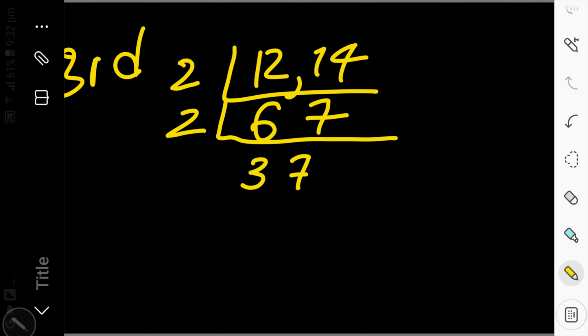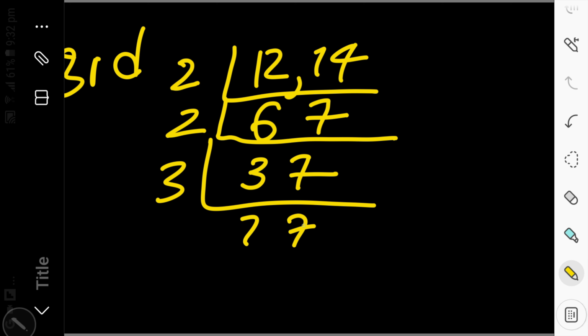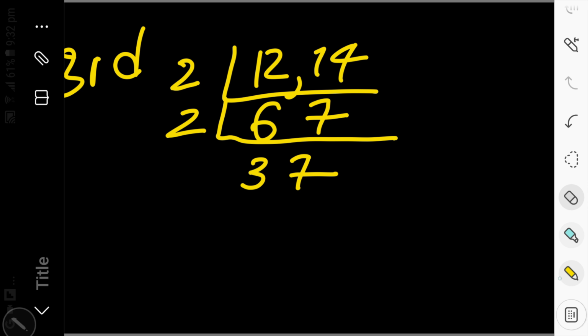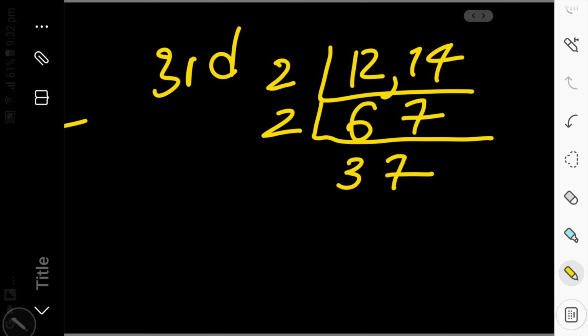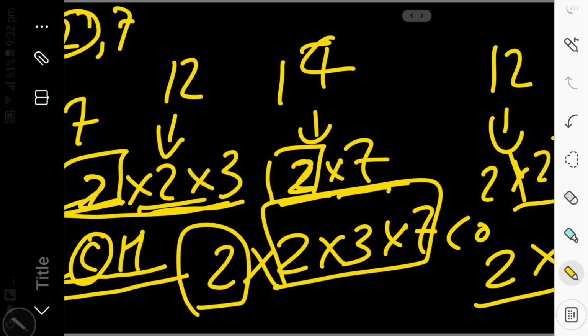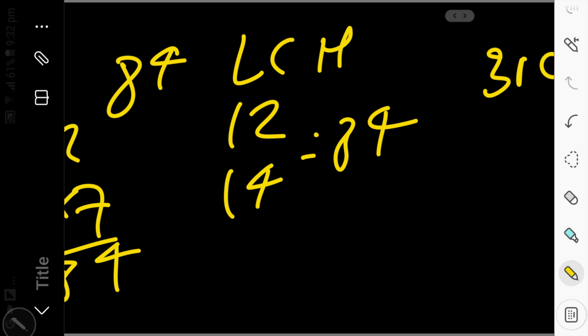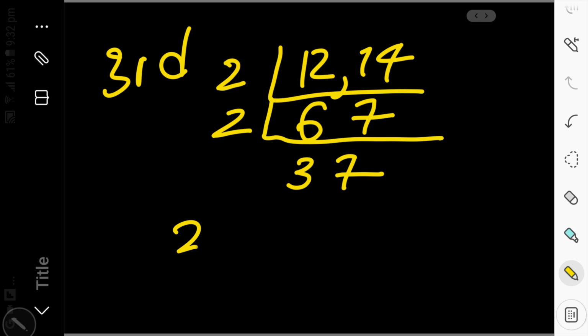Nothing, we just bring it down. Now here we can again divide 3, but this can be skipped too by simply writing this much. So here you get the same result you get by breaking down the number into prime factorization, which is 2 into 2 into 3 into 7.